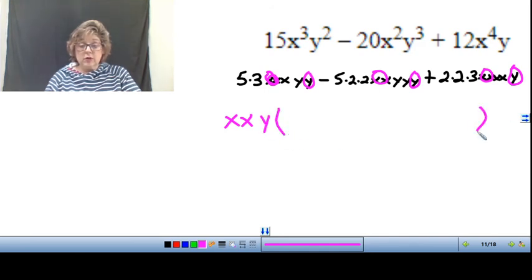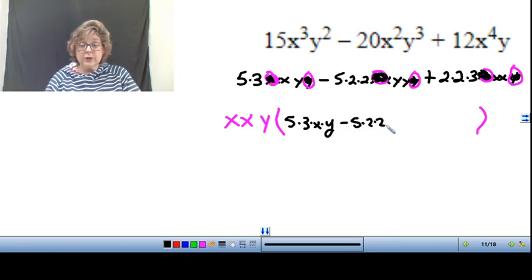So once I circle all of those, I'm going to bring them out. I'm going to scribble them out. And now I'm going to write what's left. So I have 5 times 3 times x times y, minus 5 times 2 times 2 times 1 y, or 2 y's, plus 2 times 2 times 3 times x.